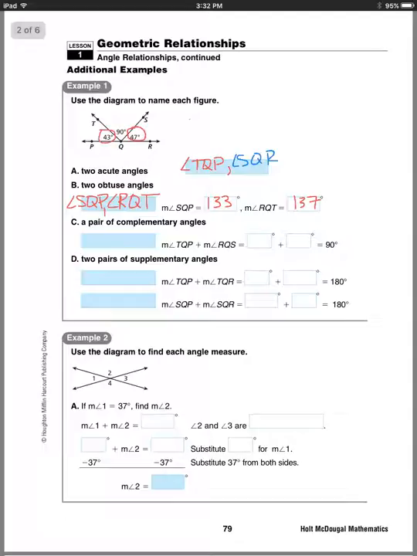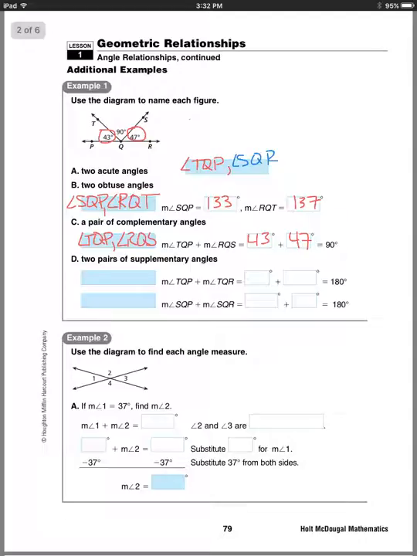When you add 43 and 47, you get 90 degrees. So we can say those are a pair of complementary angles. So we have angle TQP, because the vertex always goes in the middle, and RQS, side, vertex, side.